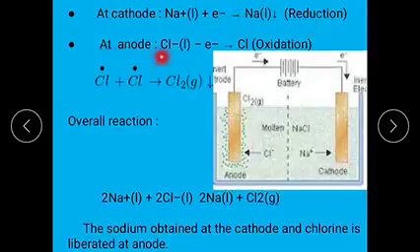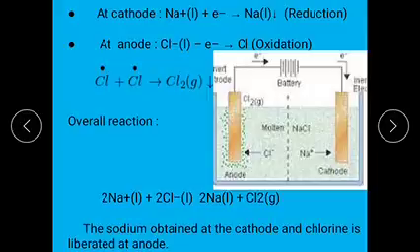At the same time, the anode is a positively charged electrode. It attracts the negatively charged Cl minus ions.